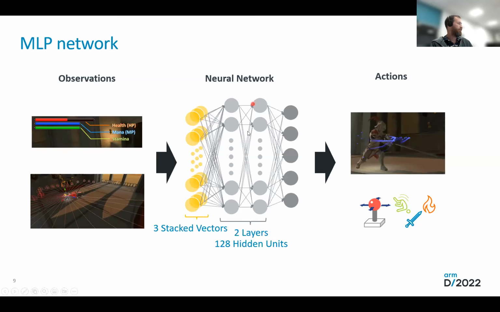Then in this script, we're specifying 2 hidden layers, each with 128 units. The multi-layer perceptron, MLP, are all fully connected layers, each to the next. And then the output, we've got the actions, which is the joystick movements and the 3 possible things you can do: the fire, the sword attack or the roll.